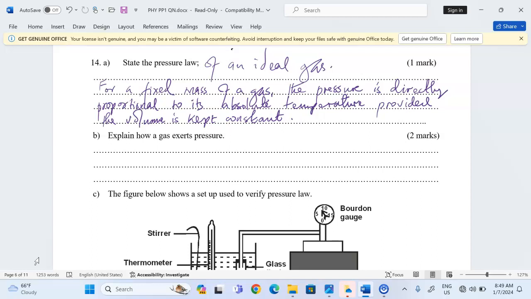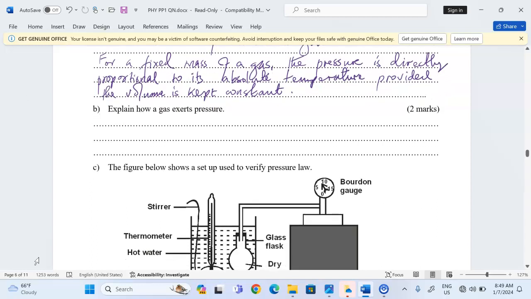Explain how a gas exerts pressure. A gas exerts pressure due to what we call collisions. Therefore, the particles of the gas, or the molecules or the atoms of the gas, collide with the container, exerting pressure.